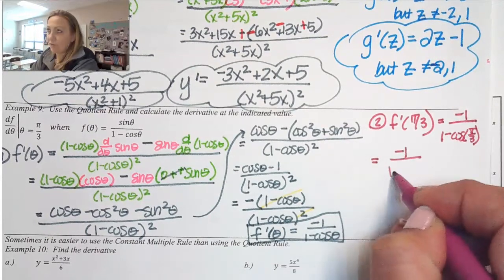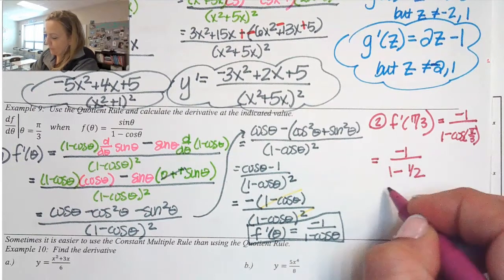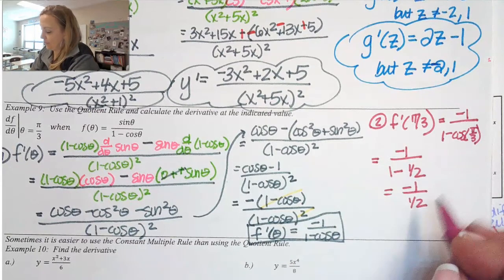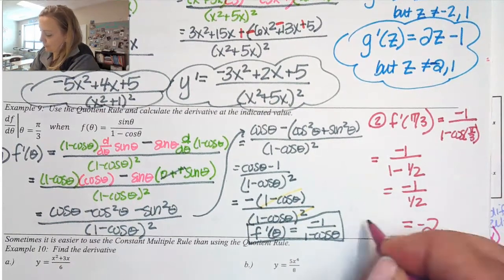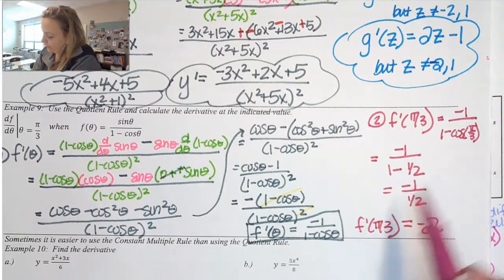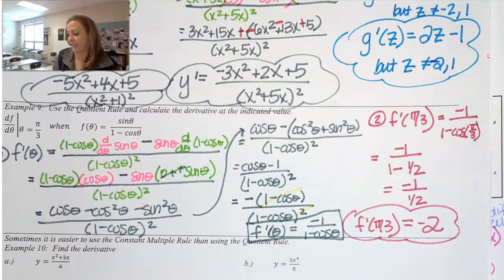The cosine of pi thirds is 1/2. So that's negative 1 over 1/2. And we know that that would just be negative 2. So f prime of pi thirds would give us negative 2. And that gives us the value of df d theta at pi thirds.